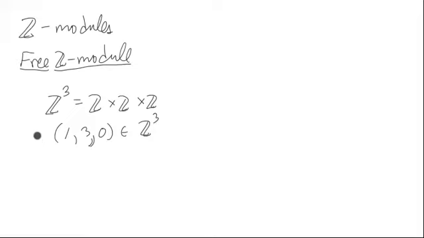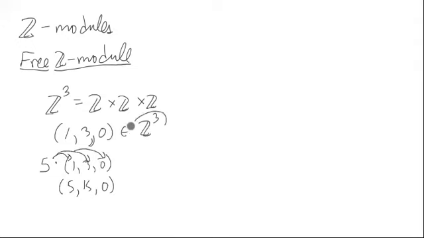Now it has a nice outside multiplication by Z that gives a module structure. It's scalar type multiplication. We can say something like 5 times (1, 3, 0), and we get (5, 15, 0). It just multiplies in component-wise. So that's what makes this a Z module.